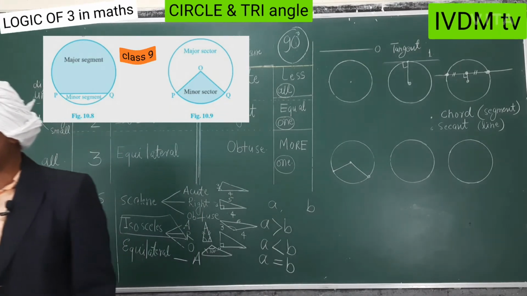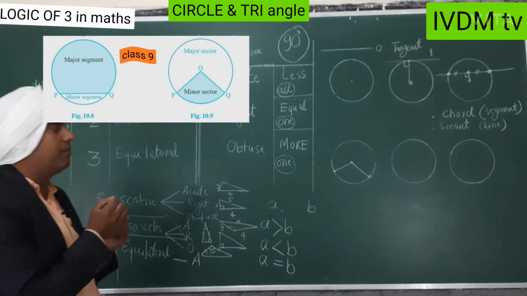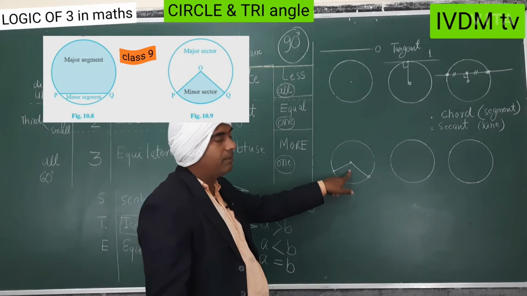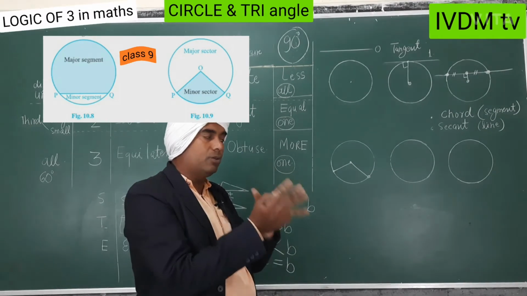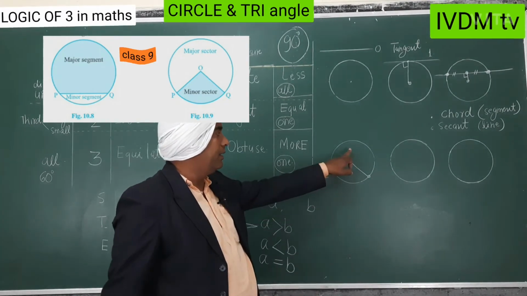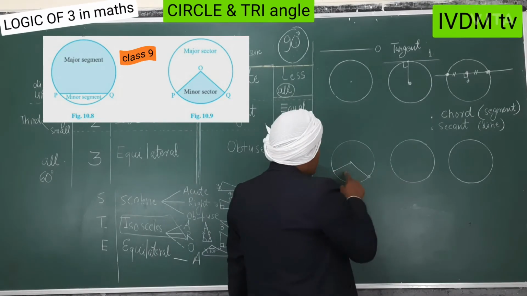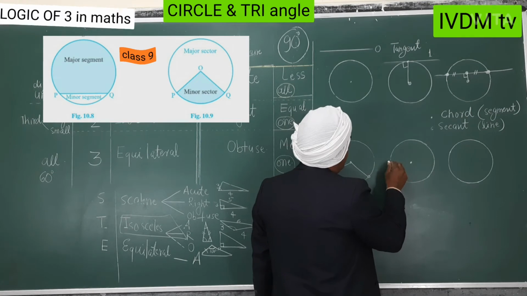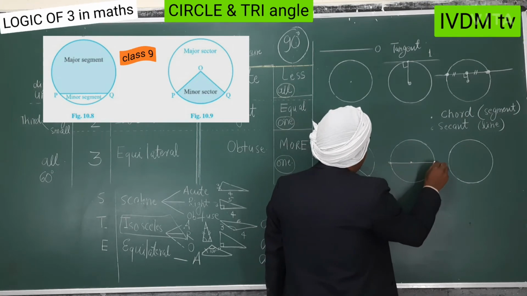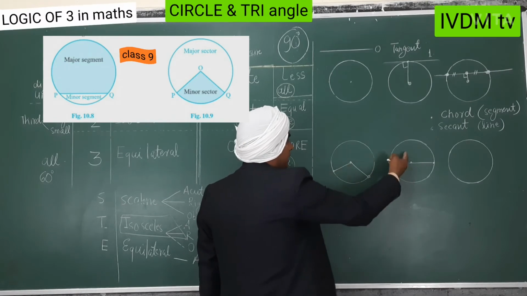In your book it is given as major and minor, large and small. This is small, but in the terms it is called minor. Minor means chota, small, and this is major. It may happen that the two things are equal, and when you take a chord like this, the two parts will be equal.